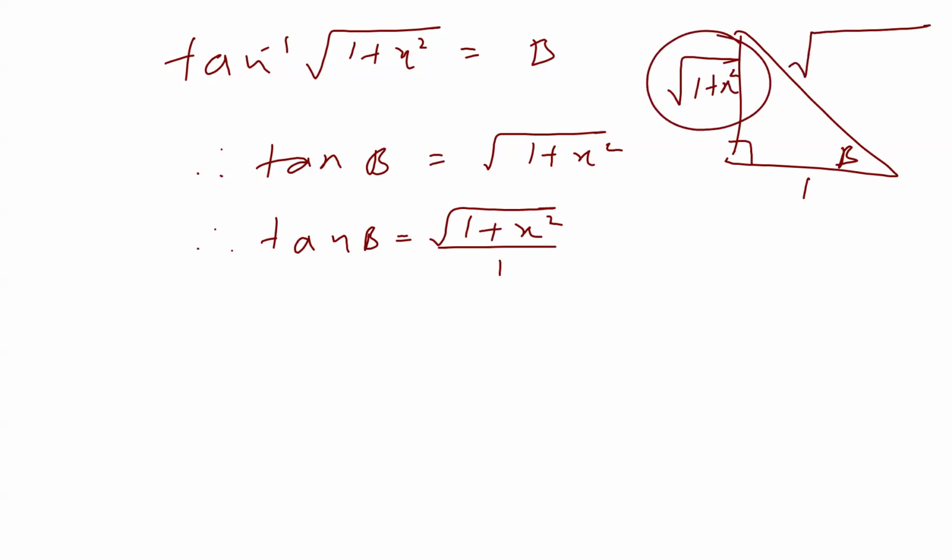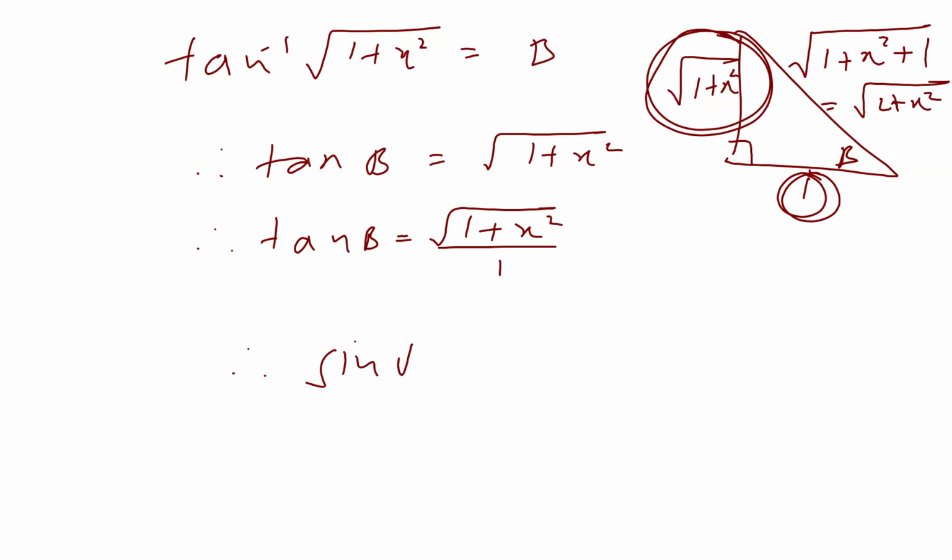So this is root of the squares of the sides I have marked. What is the square of root of 1 plus x square? It is 1 plus x square, and the square of 1 is 1. So this will be root of 2 plus x square. Therefore, sine b. Remember, we are finding the value of sine b.